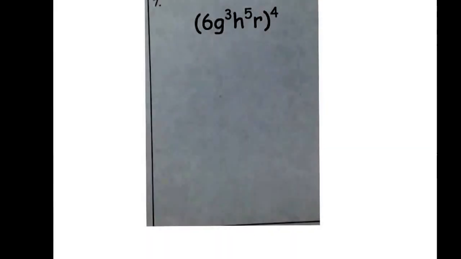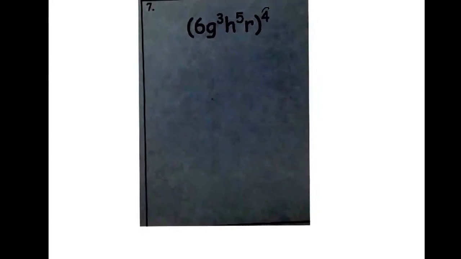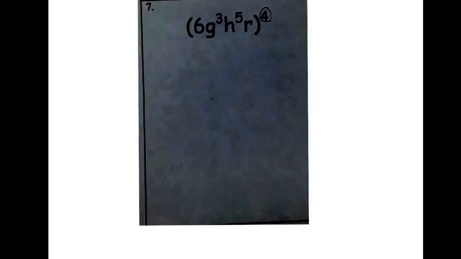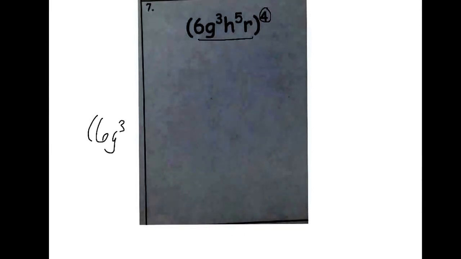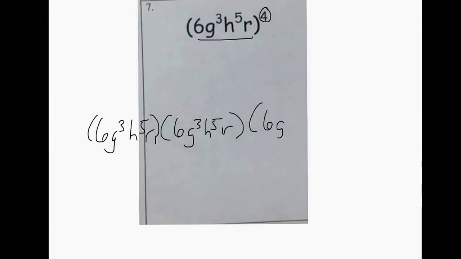Alright. So we looked at power to power in this last class period. This 4 can be done 2 ways. It can be the number of times you write this. So we could do 6G3H5R, 6G3H5R, and 6G3H5R. Then it's 6 times 6 times 6.